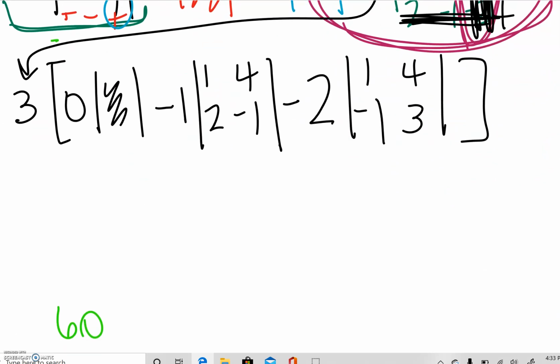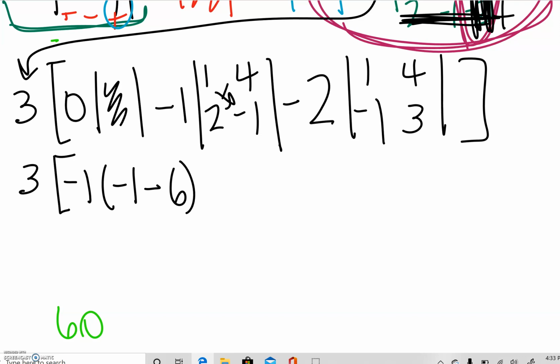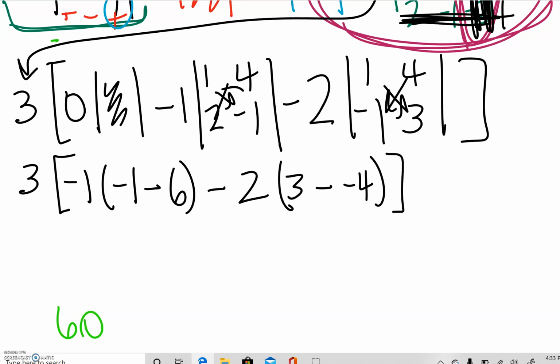So this would be 3. Then I'd have negative 1. That'd be a negative 1 minus 6 right there. Minus 2. That would be 3 minus negative 4. So I'd get 3. Then just simplify this down.